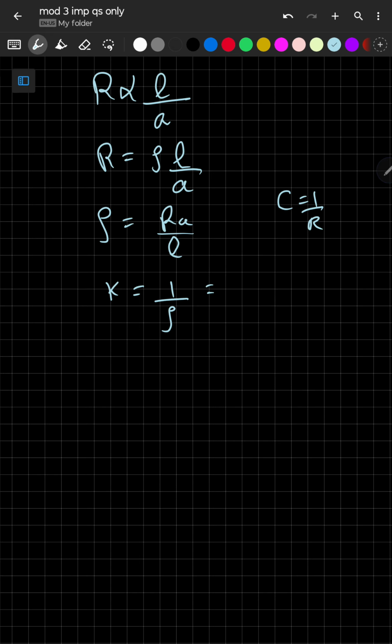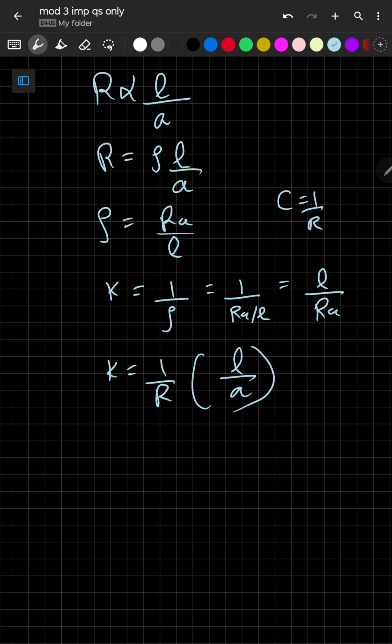That is equal to 1 by RA by L, which becomes L by RA. So kappa is basically equal to 1 by R into L by A.